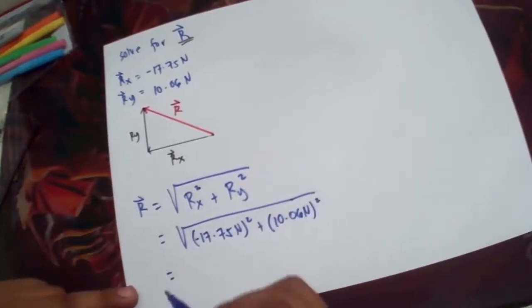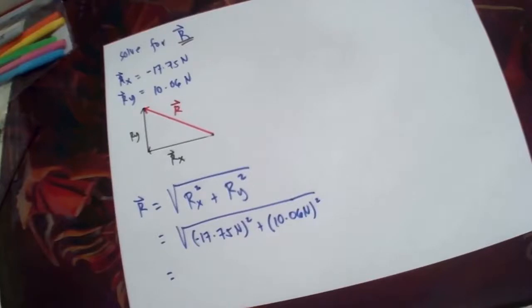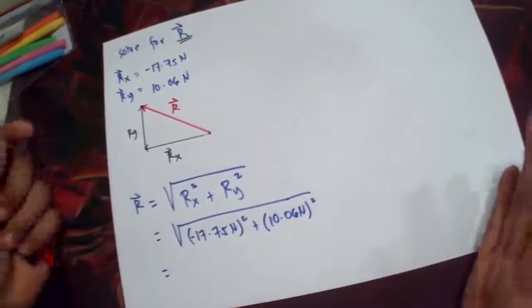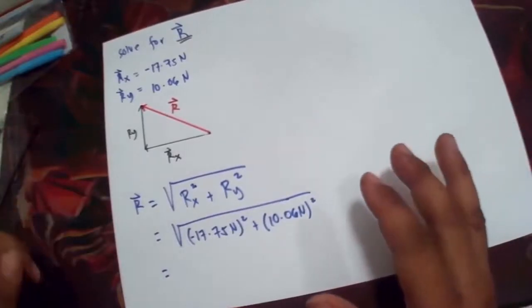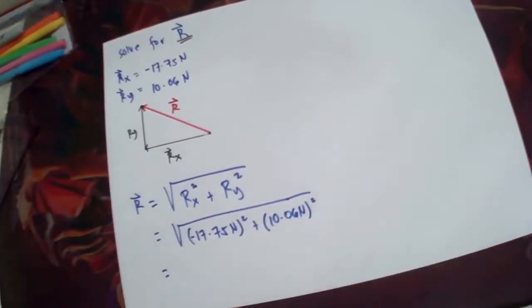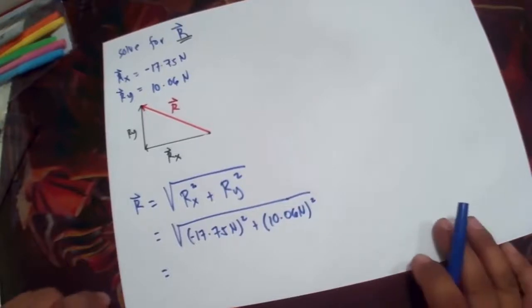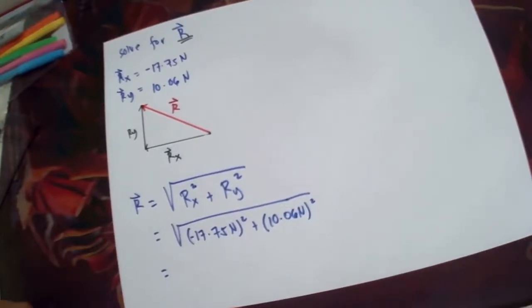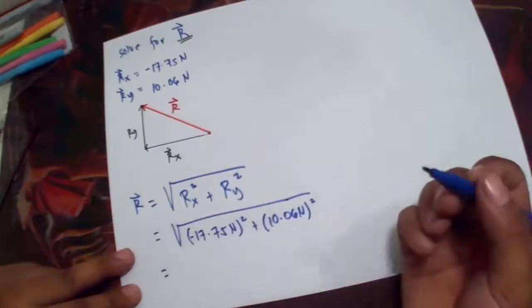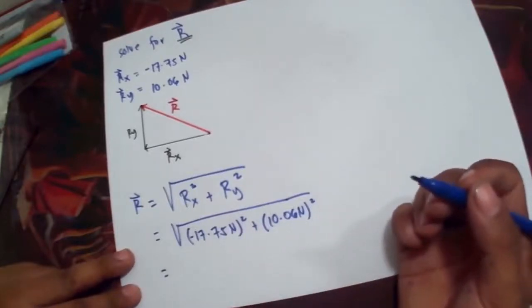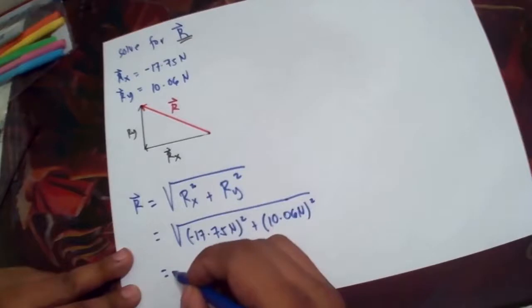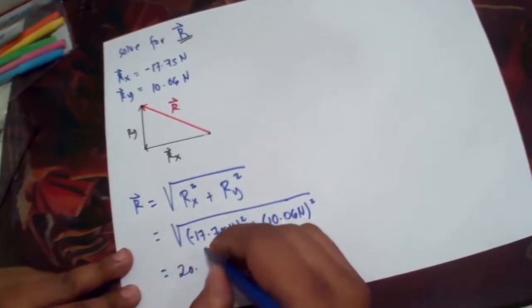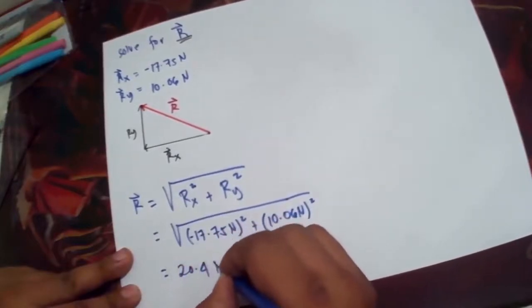Now, performing this using a calculator, since I don't have a scientific calculator, I did this on my mobile phone. So you try to recheck this so that we can verify if this is correct. Based on the value from my mobile phone calculator, this is equal to 20.4 newtons.